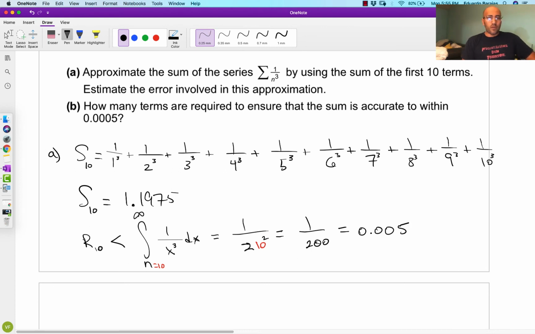So the error is less than 0.005. Good. Okay, so that's the answer to part A.